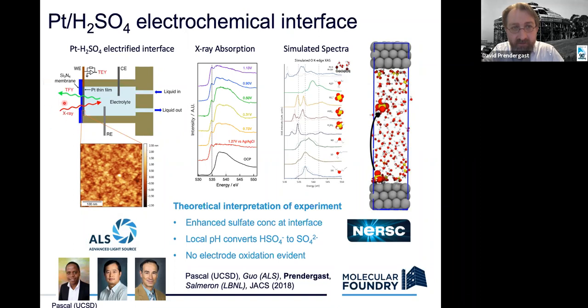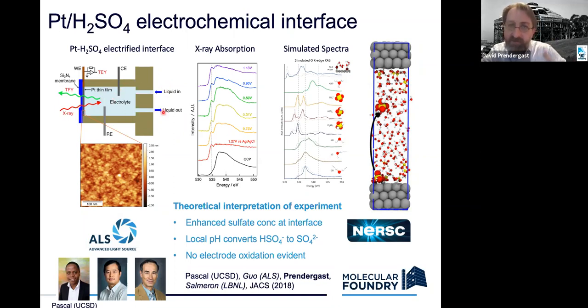On the left, you have vacuum, and then this region here is a liquid cell that's protected from the vacuum by being surrounded inside this window that allows X-rays in and out. There is a deposited electrode, that's the platinum, and then the electrolyte is the sulfuric acid, and you have control of the liquid to flow it in.